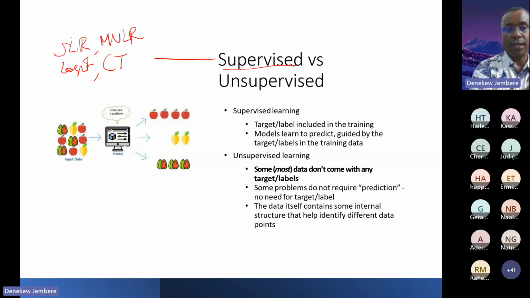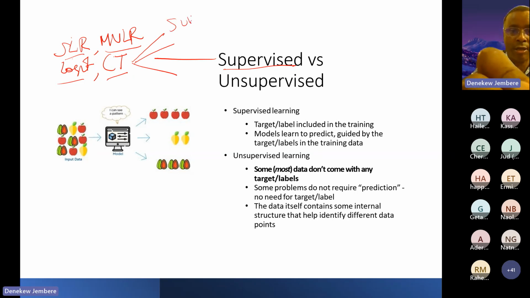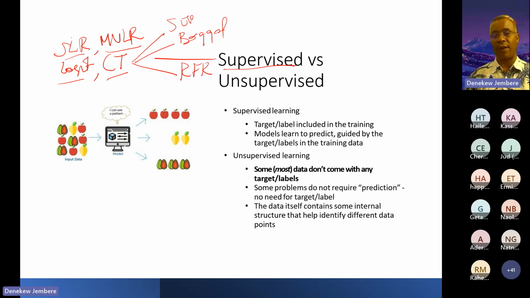So simple linear regression, multivariate linear regression, logit, classification trees, or random forest, which has multiple versions: the single tree, the bagged, or the random forest regressor or classifier. All these are supervised. Why do we call them supervised?